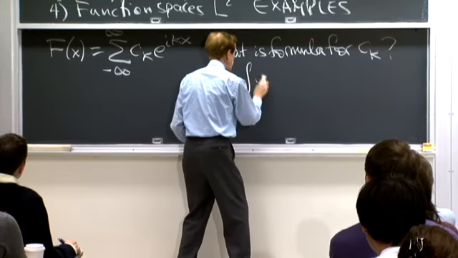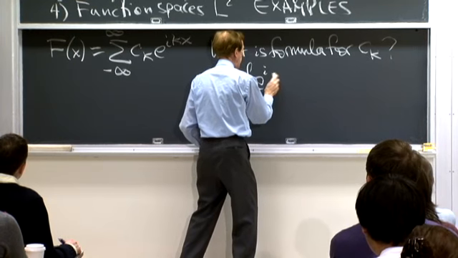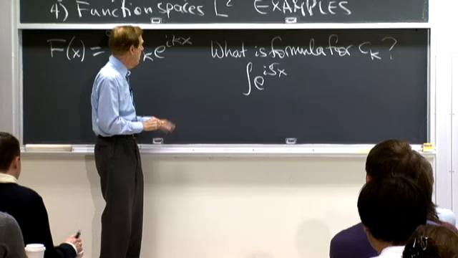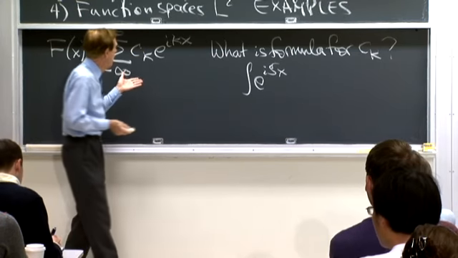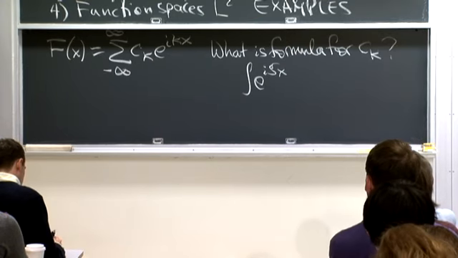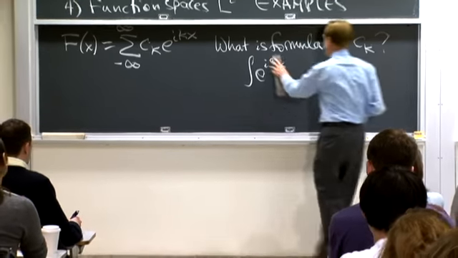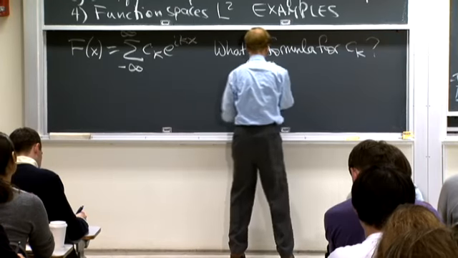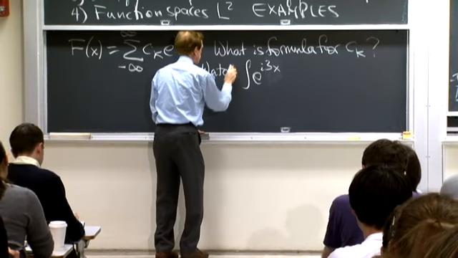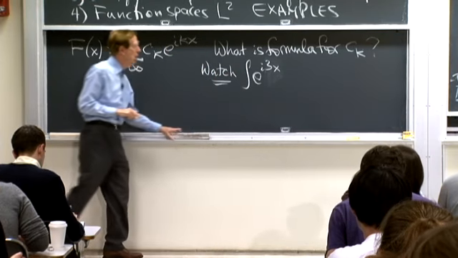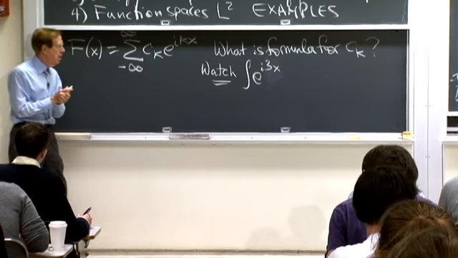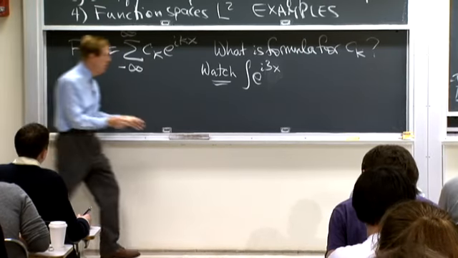Here, suppose I have e to the i 5x, and I'm looking for c_3. So I'll look at e to the i 3x. So watch. This is the small point we have to make. I'm going to multiply by something, and I'm going to integrate.